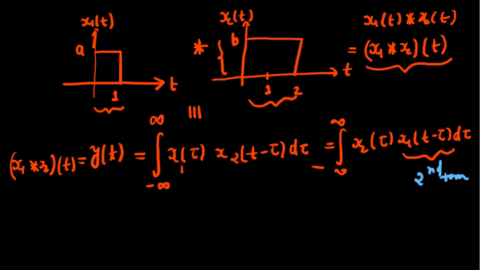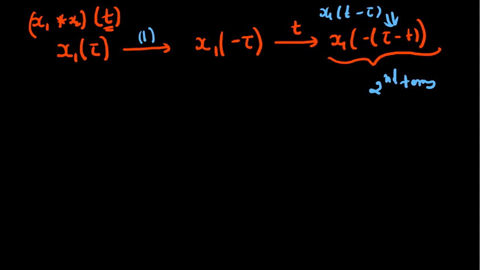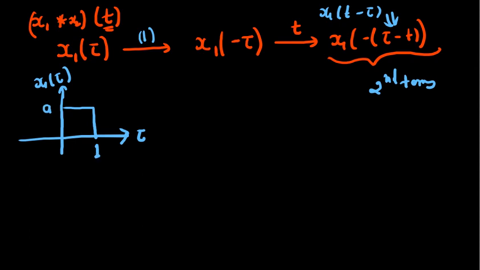So now this is your second term. What is your first term? x2(tau), correct? Now you have to multiply both of them and then you have to integrate. This is what you have to do. So this was your x1(tau). First, you have to take its image, reflect it.